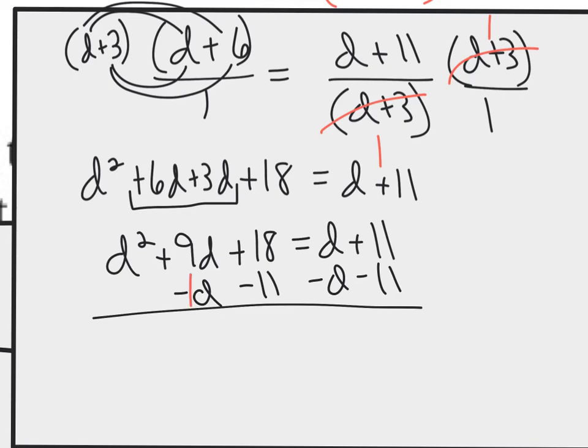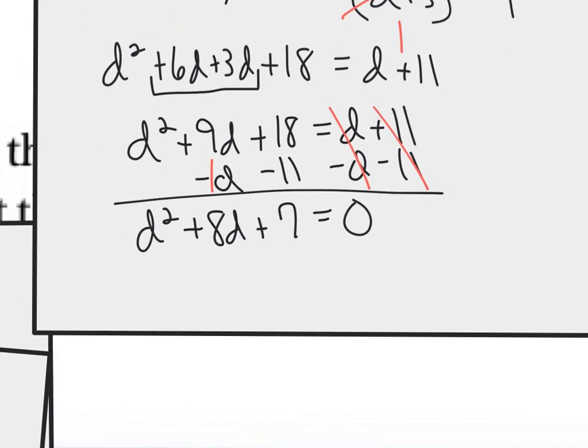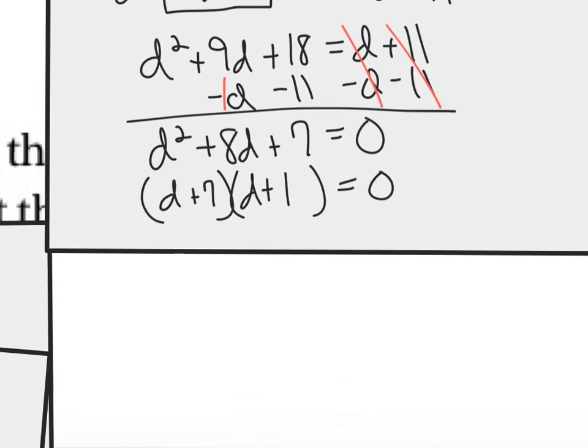Remember, that's like a minus 1d. So that would give us d squared plus 8d plus 7. And then on the other side, that all cancels, so that's equal to 0. And then we're going to try to factor this. So that would factor out as d plus 7 times d plus 1, or d plus 1 times d plus 7.